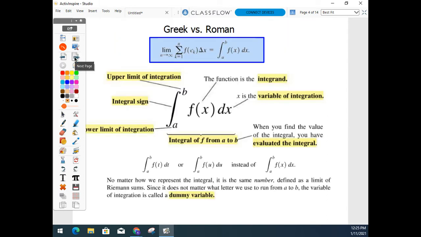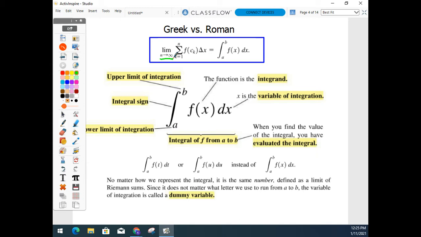All right, so Greek versus Roman. So we're used to the summation, and we're going to take the limit as n approaches infinity. What we're going to do is make it a little bit easier to understand.